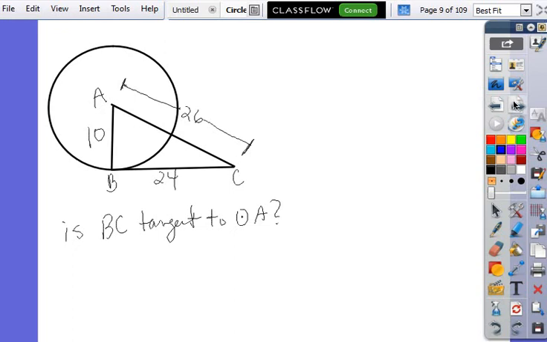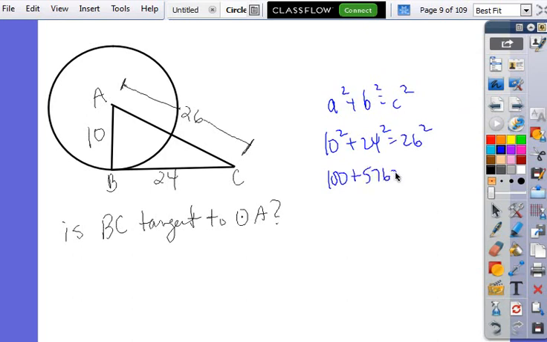How would I check right here to see if this is a right angle? Do the Pythagorean theorem and see if that works for the whole triangle. I'm going to do a squared plus b squared equals c squared. So when you get here, what does that mean when they're equal?